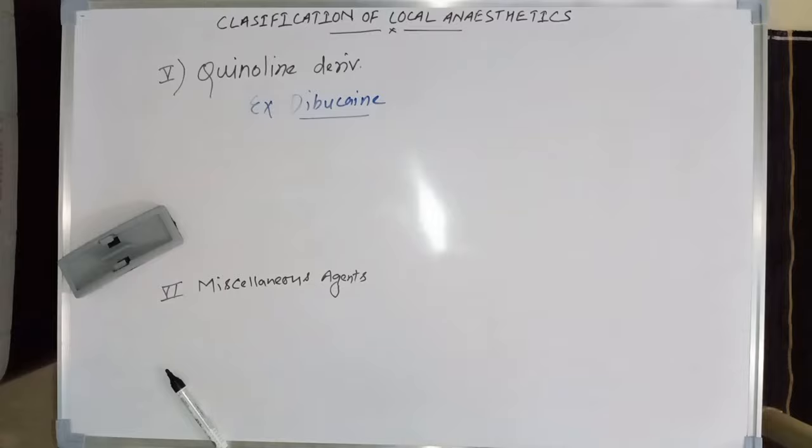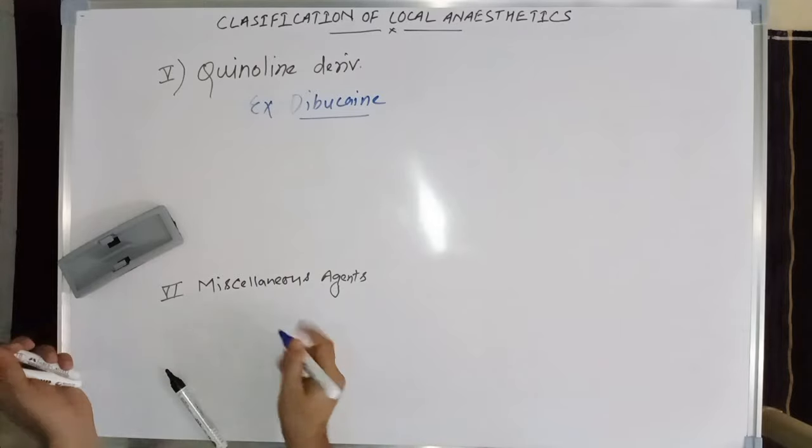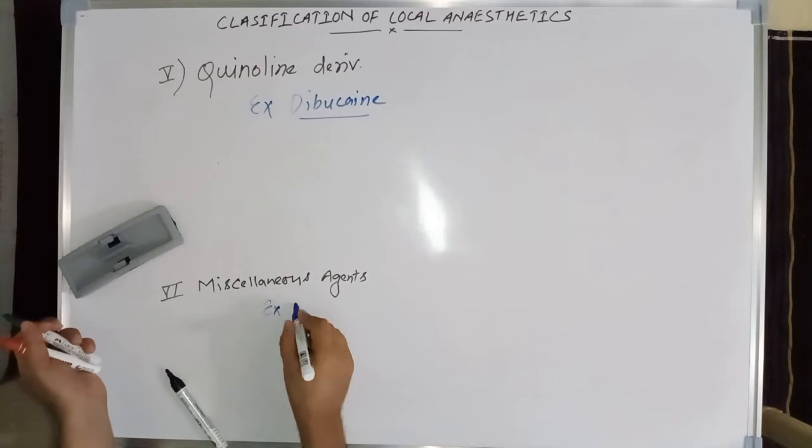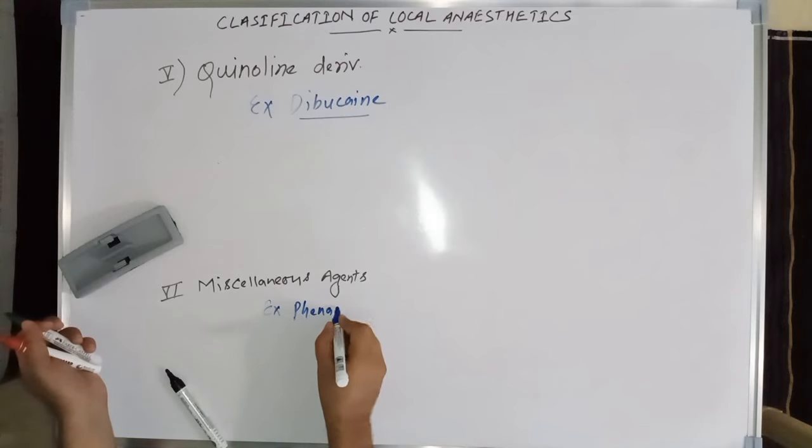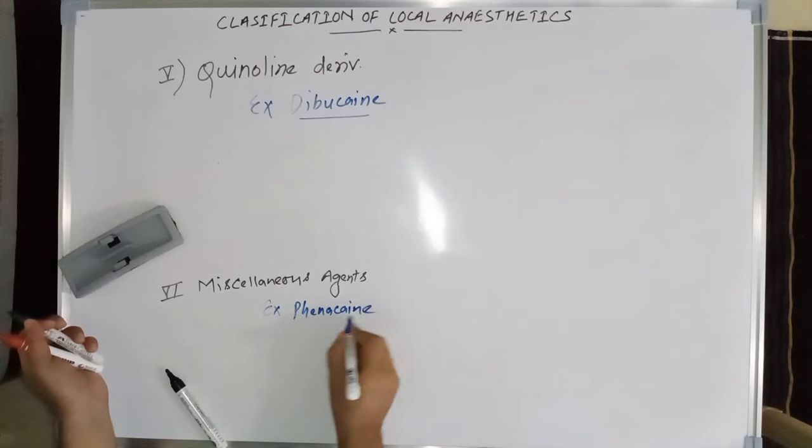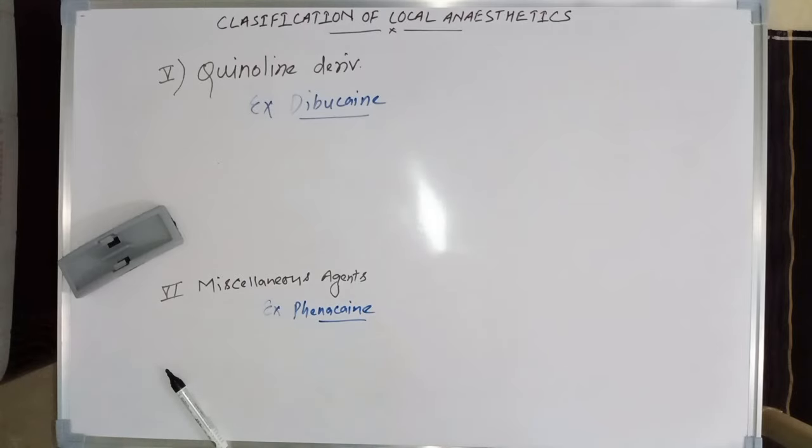The best example is phenacaine. What is the structure of phenacaine? Let's draw it. You have to mug up this structure. There is no correlation between its class and its structure.